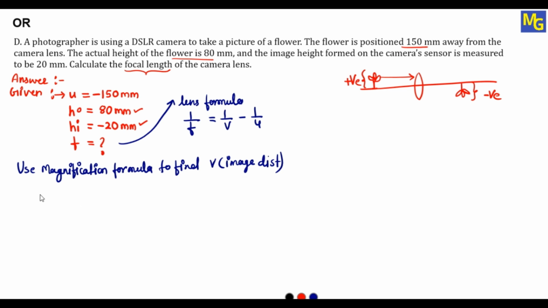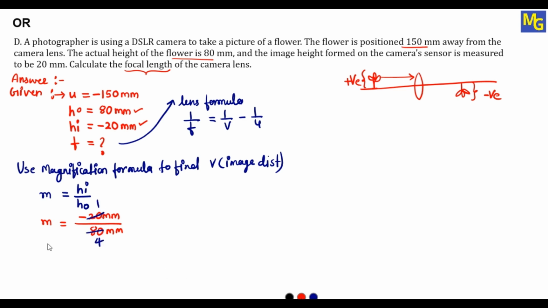So what is magnification? Small m is equal to HI divided by HO. So substitute the values in this. m is equal to, what is HI? Minus 20 mm. And what is HO? It is 80 mm. So now see what happens. 20 ones are 20 and 20 fours are 80.